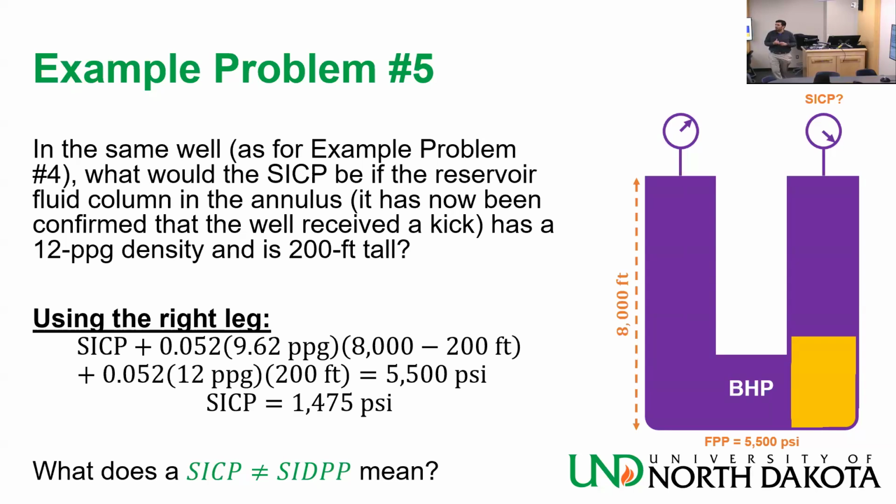Okay, now, good question. What does SICP not being equal to SIDPP mean? The mud is circulating. It's static, I shut it in. They are both shut-in pressures, so it's no flow. If they are not equal, that means there's a pressure on the casing.